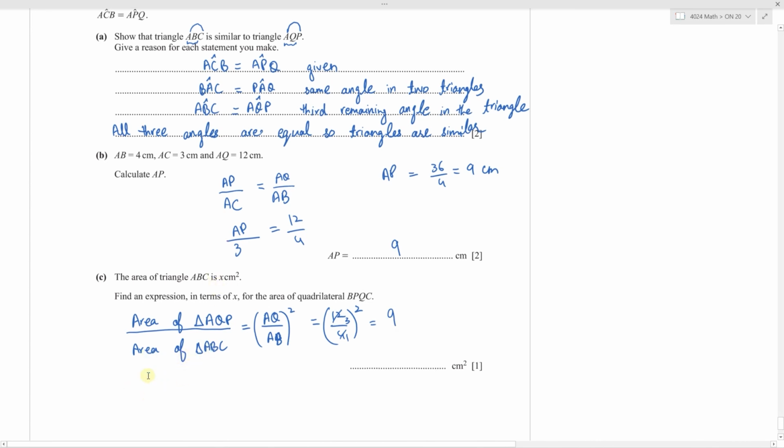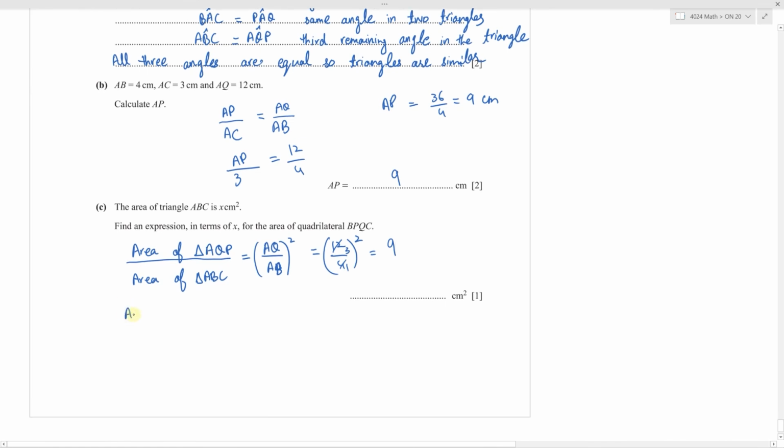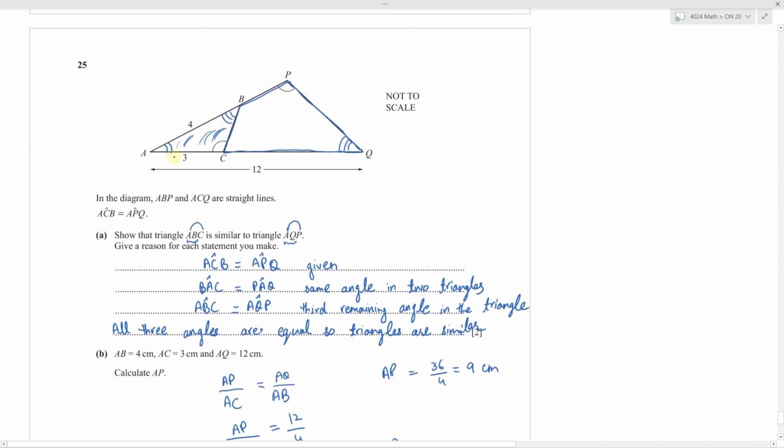So let's calculate the area of triangle AQP will be 9. And if I substitute x here, I will take it to the other side. It will be multiplied by this 9. So this will be 9x. So now I have the area of this large triangle AQP. Now I need to subtract this smaller triangle area to get the area of quadrilateral.